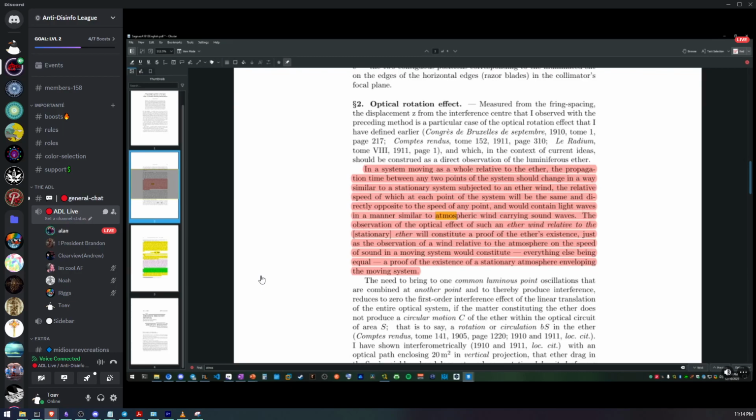The observation of the optical effect, such as an ether wind relative to a stationary ether, will constitute proof of the ether's existence, just as the observation of the wind relative to the atmosphere on the speed of sound in a moving system will constitute, everything else being equal, a proof of the existence of a stationary atmosphere enveloping the moving system.